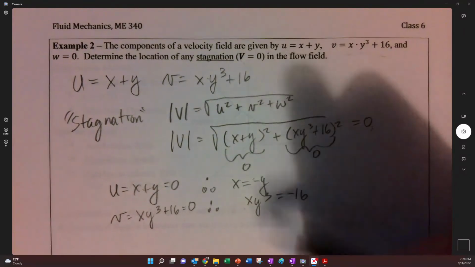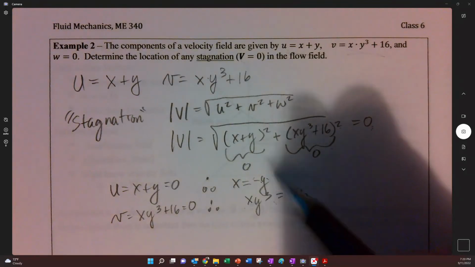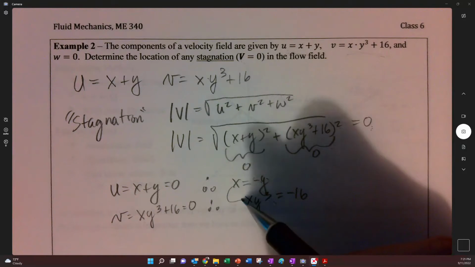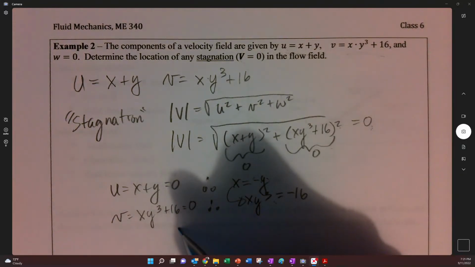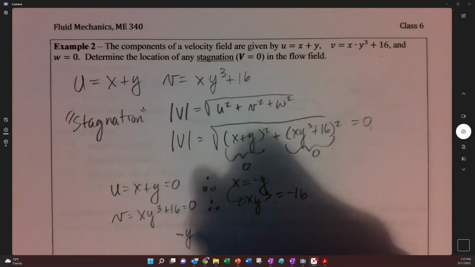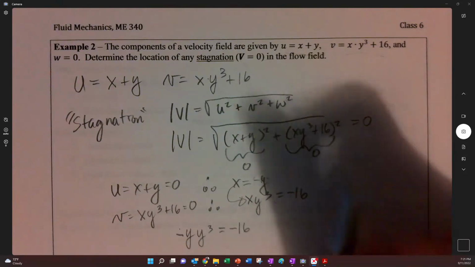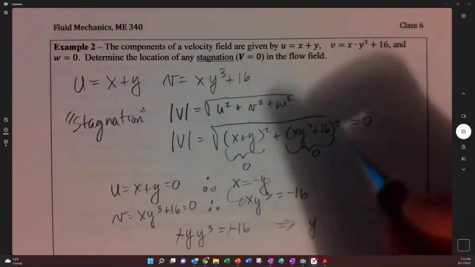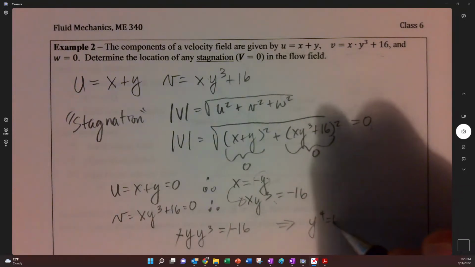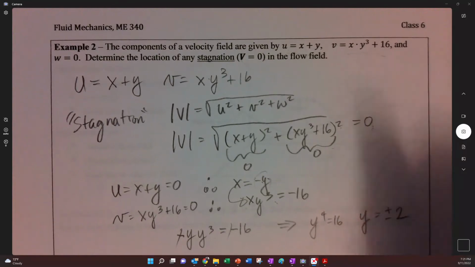So if we want to find the place where both of these occur, we could plug the x into here. We have a negative y times y cubed equal to negative 16. The negatives cancel out, so we have y to the fourth equal to 16, so y is plus or minus 2.